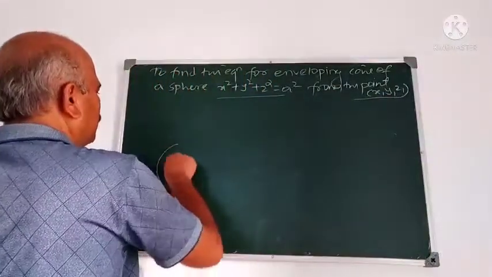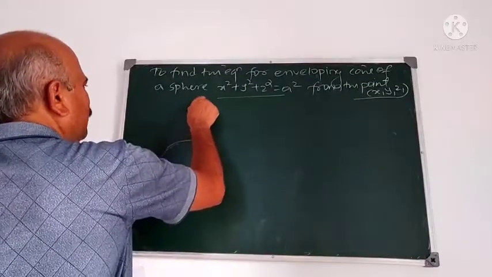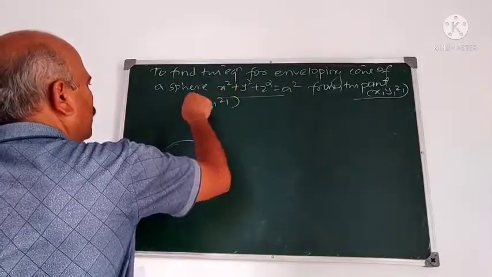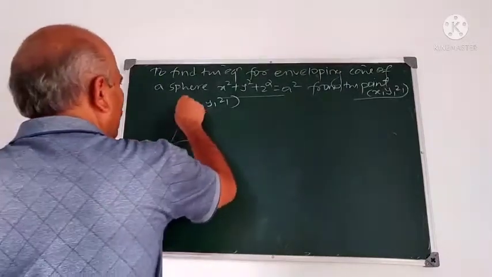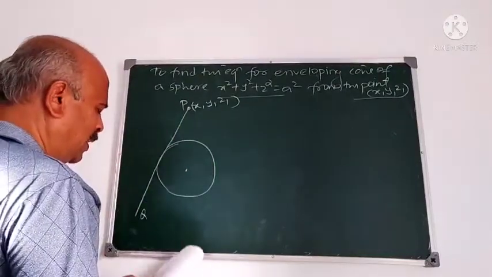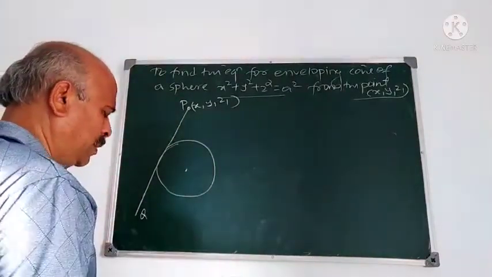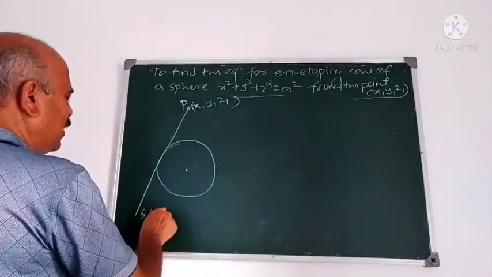Now this is the sphere. This is the point x1, y1, z1. Now consider a tangent line. I take this as P. PQ is the tangent line. And Q is (x, y, z).